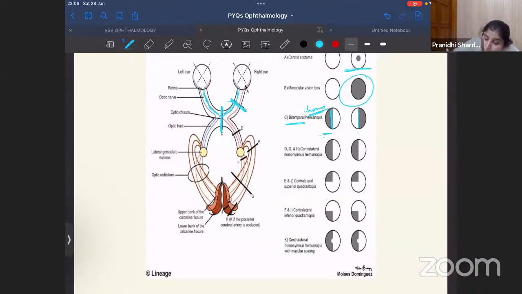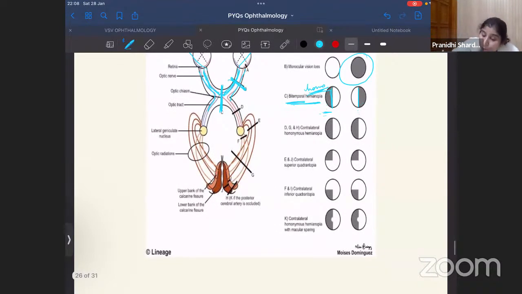In chiasma, temporal fibers are on the same side, nasal have decussated. Now we know that nasal fibers make the image of the temporal side of the eye. So the nasal fibers will give the defect on the temporal side. So it will be bitemporal hemianopia, because the nasal fibers have gone.